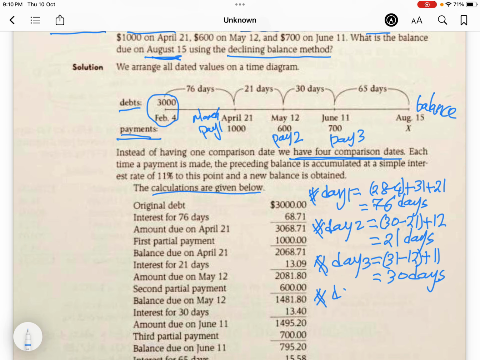Number of days 4: June, July, you will have 30 minus 11 plus 31 plus 15. 30 minus 11 will be 19, plus 31 plus 15, you will have 65 days.